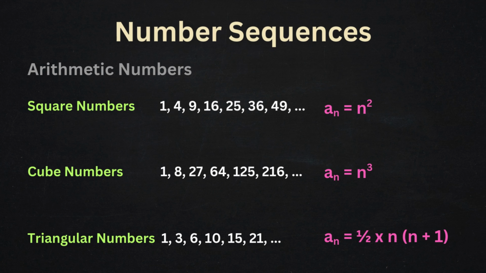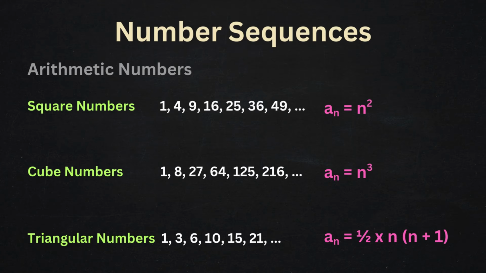For 1, 8, 27, 64, the formula is n cubed. And for 1, 3, 6, 10, it's 1 by 2 times n, whole multiplied by (n plus 1). If the sequence starts from 1, then these nth term formulas work perfectly. Just write them directly in the exam.